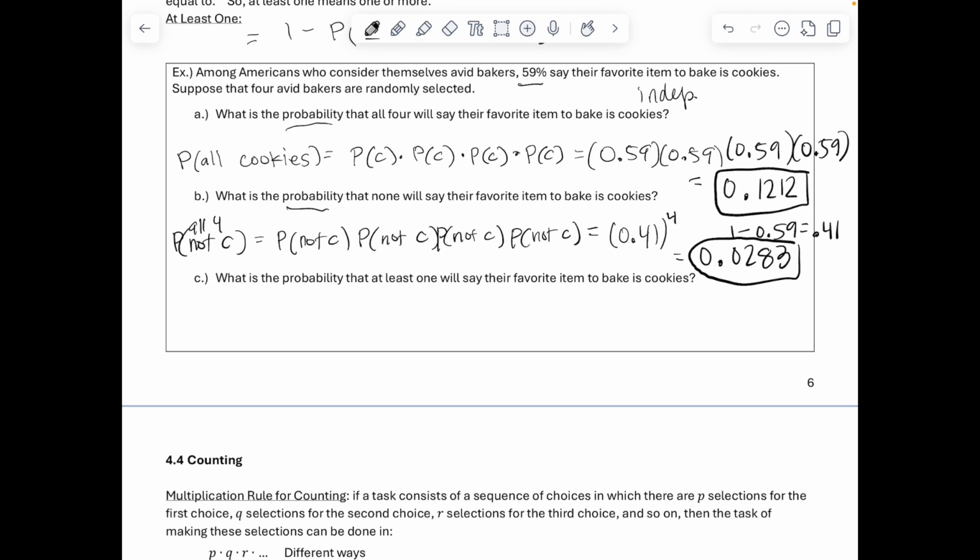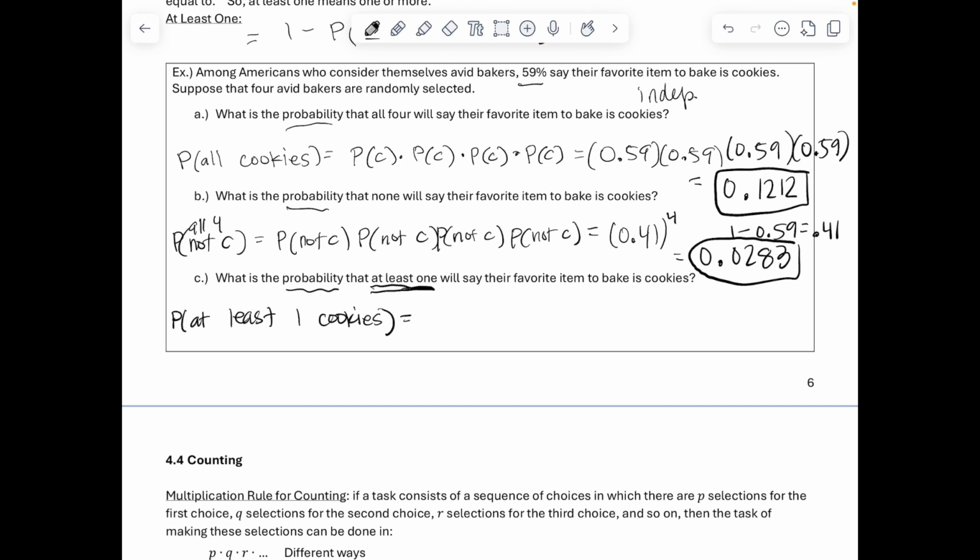Part C says, what is the probability that at least one? So now we have that at least one that we talked about above, and at least one will say their favorite item to bake is cookies. So probability at least one is going to like to bake cookies. So this means either 1 does, or 2 do, or 3, or 4.